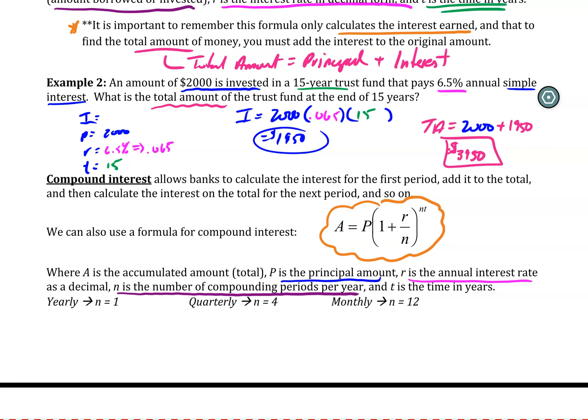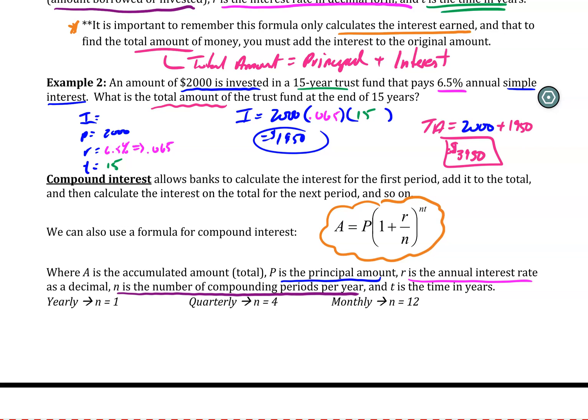Like if N is 1, that would be yearly. Quarterly means 4 times a year, so N would be 4. Monthly, N would be 12. You could do daily, which would be 365. You could do bi-monthly, which would be twice a month.